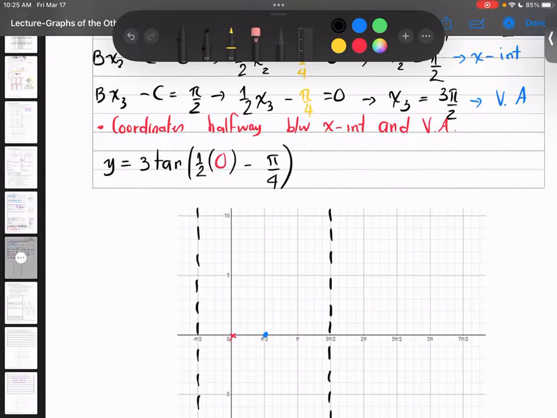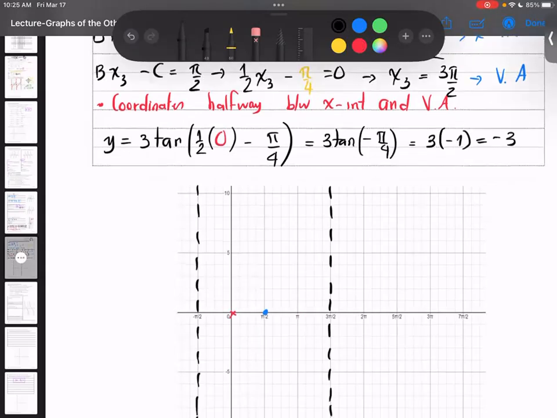1/2 times 0 is 0. So this is 3 tangent of negative pi over 4. What's tangent of negative pi over 4, which we did earlier? Negative 1, right? So 3 times negative 1 is negative 3. So at x equals 0, y is negative 3. Right there.